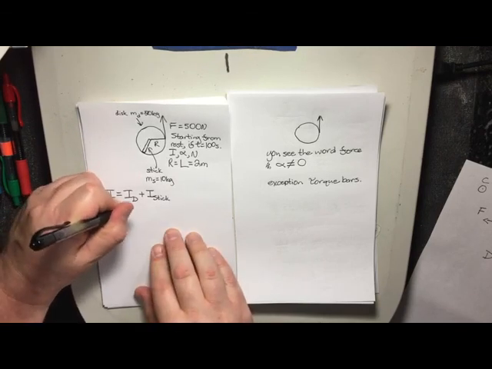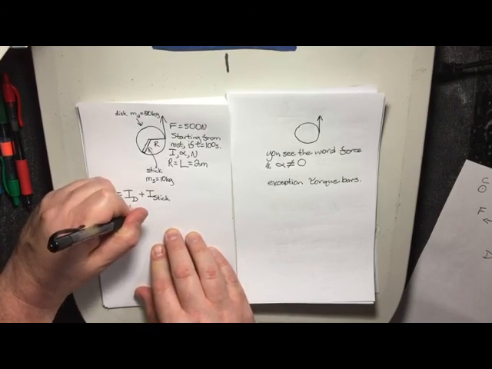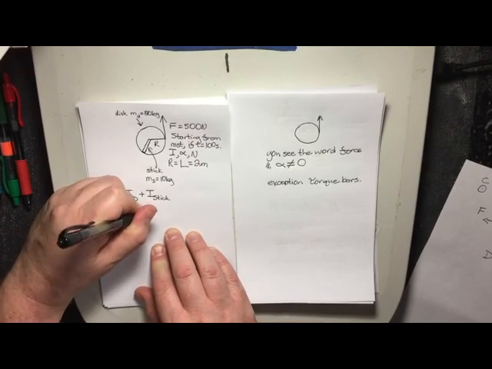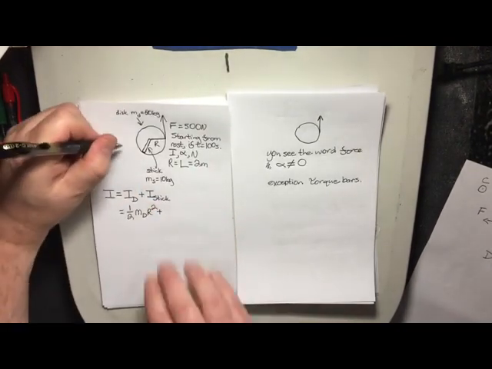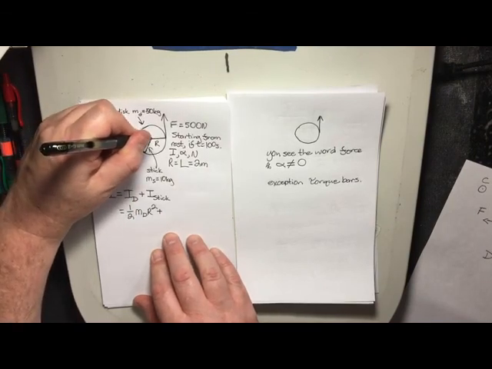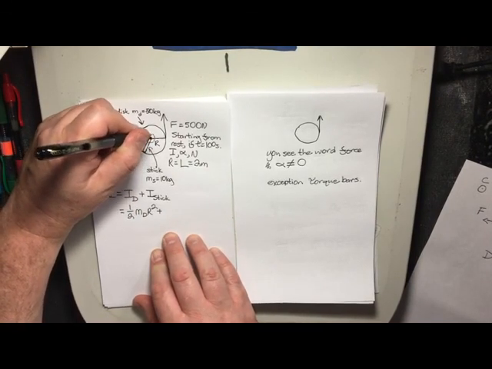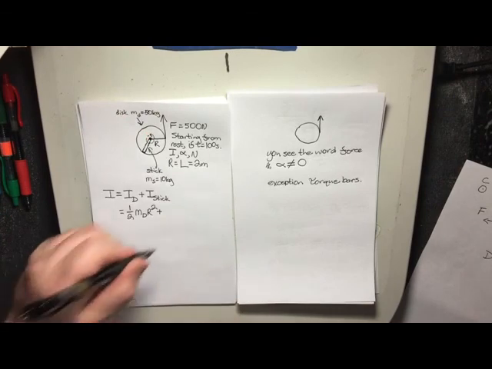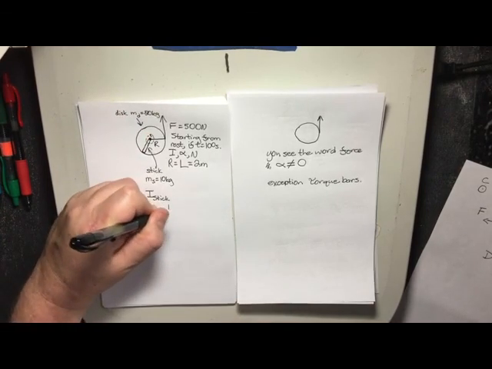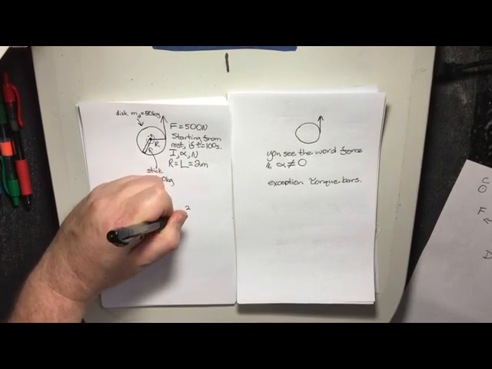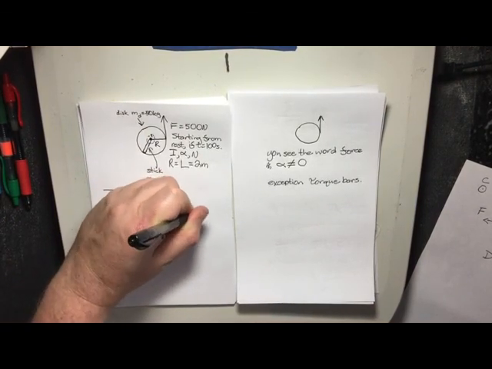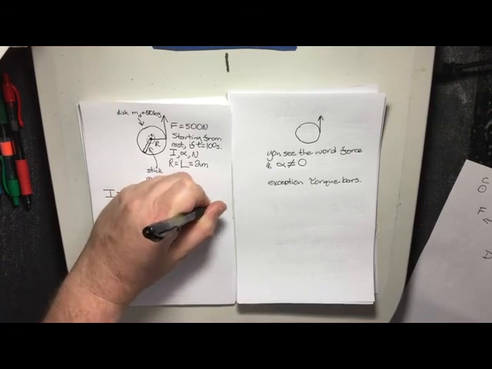The moment of inertia of a disc is 1/2 mass of the disc r squared. The moment of inertia of a stick, since the stick is revolving around not its center of mass but about its edge, is 1/12 ml squared plus mass of the stick d squared.